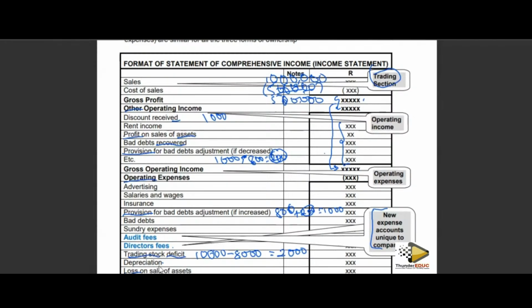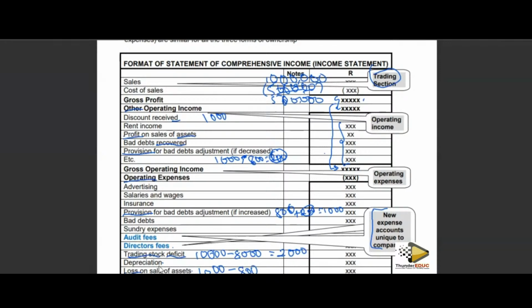Then I already explained this when I was doing profit on sale of asset, but let me repeat it. We have loss on sale of assets. For example, if the carrying amount of our asset in our books was 1,000, we had equipment and the carrying amount was 1,000, then we end up selling it for maybe 800.